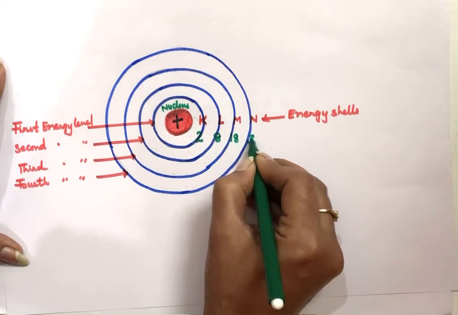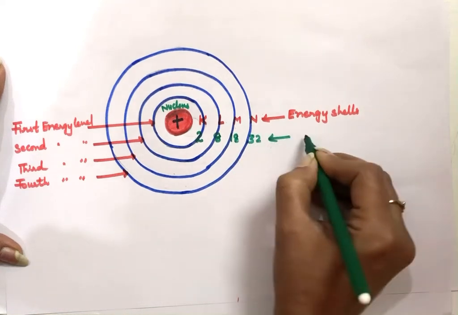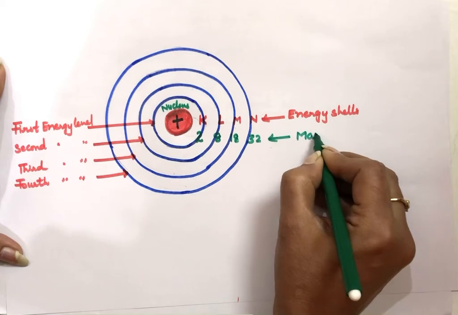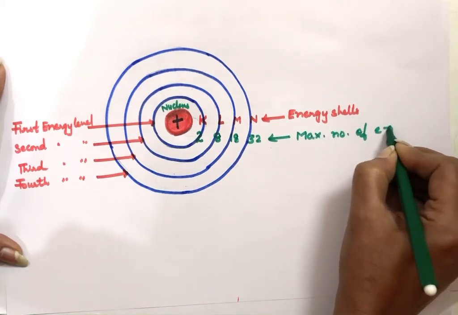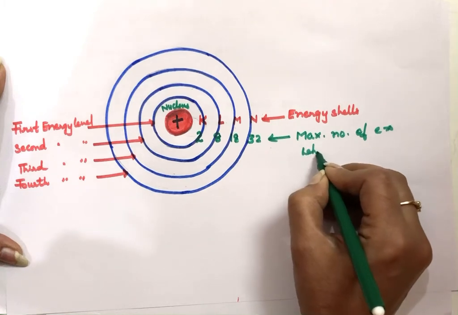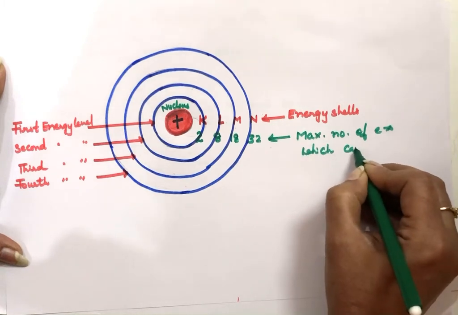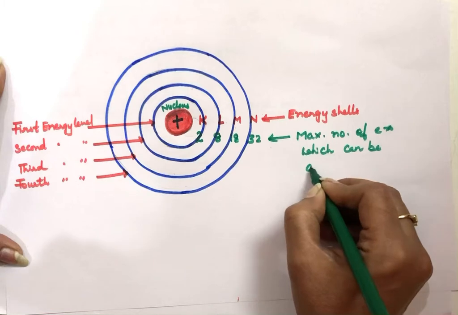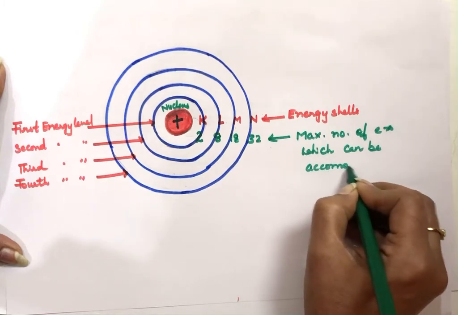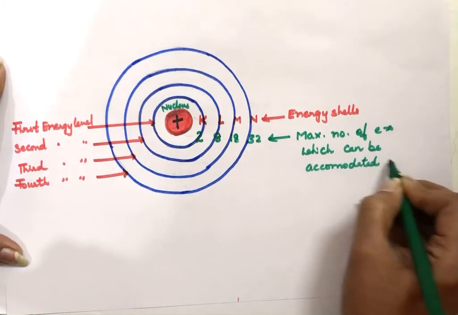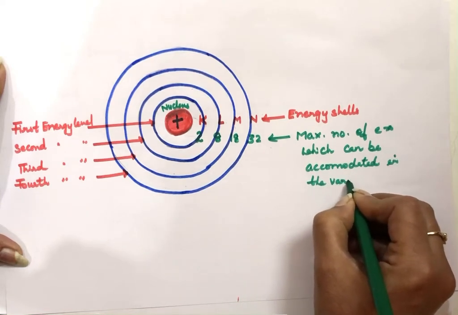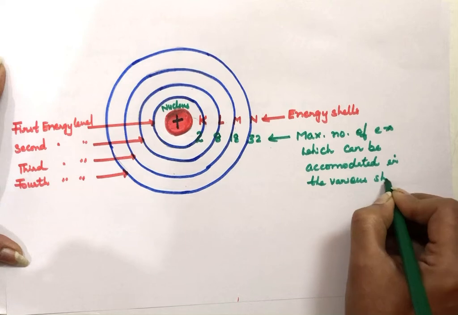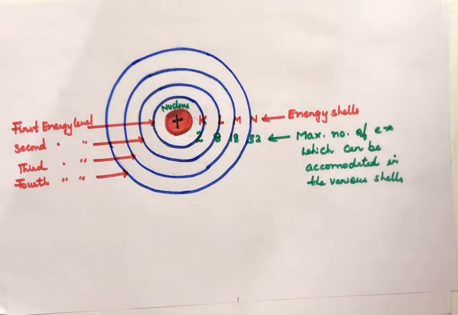And 32 is the maximum number of electrons which can be accommodated in the fourth. So this is the arrangement of electrons in the atoms.